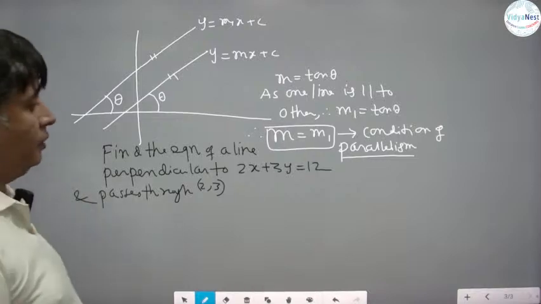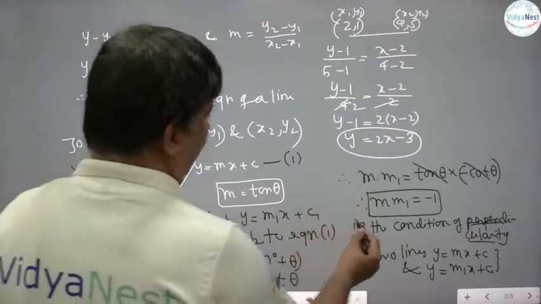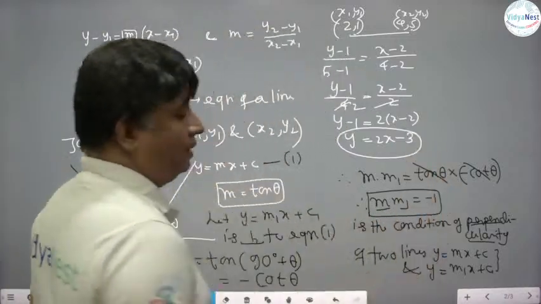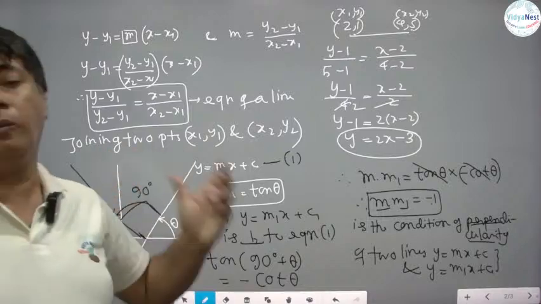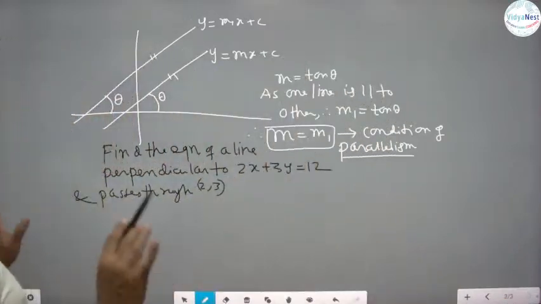So, we have got the condition of perpendicularity of two lines: m·m1 = -1, that is, the product of their slopes will be -1.